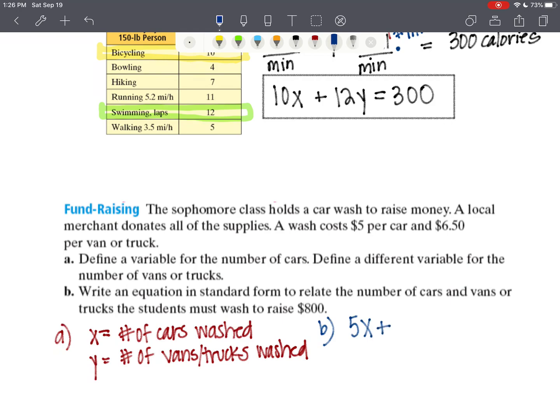And then for every van or truck that's washed, that's $6.50. So that's $6.50 times y is equal to $800. And there's our equation in standard form. So you can see how the entire world of math does not revolve around slope-intercept form. Standard form is so very, very, very helpful.